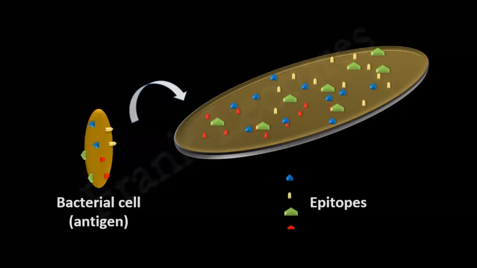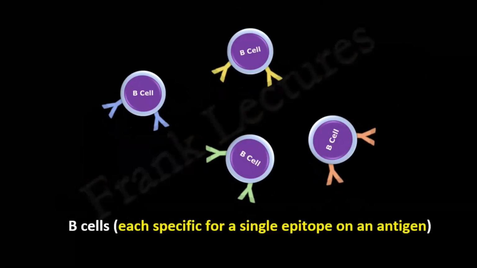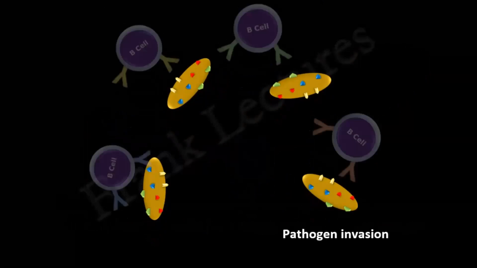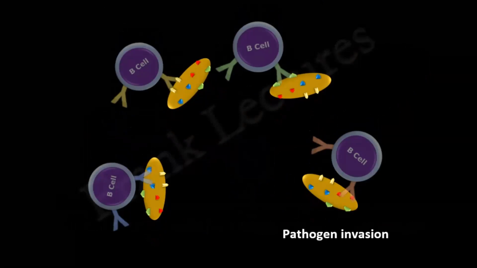We also said that B cells of diverse specificities are circulating in our body. For our illustration, we will take 4 such B cells. Each of these B cells is specific for a single epitope on the antigen. So when there is an invasion by the antigens, these B cells recognize and bind to their specific epitopes and get activated.